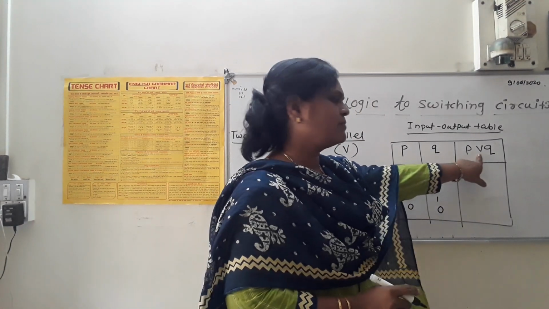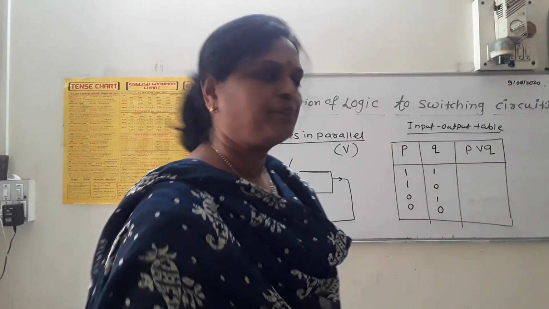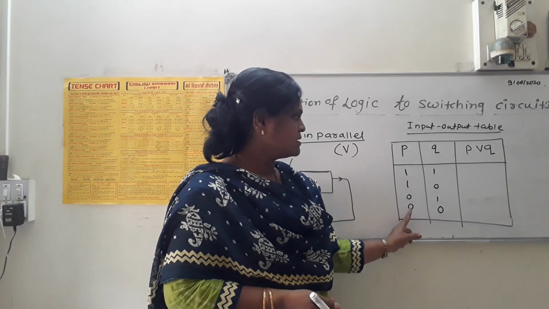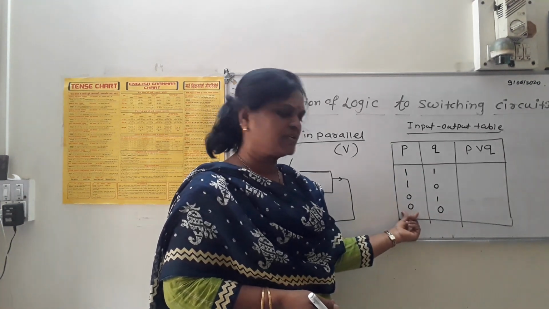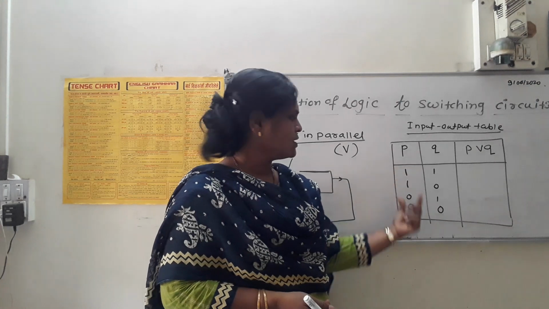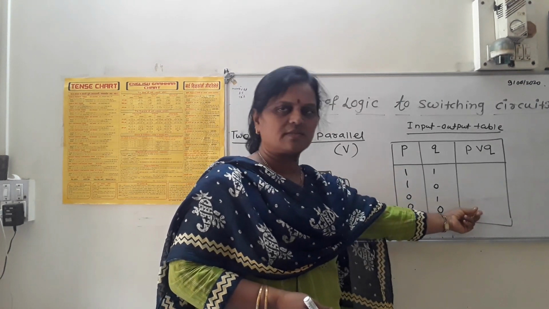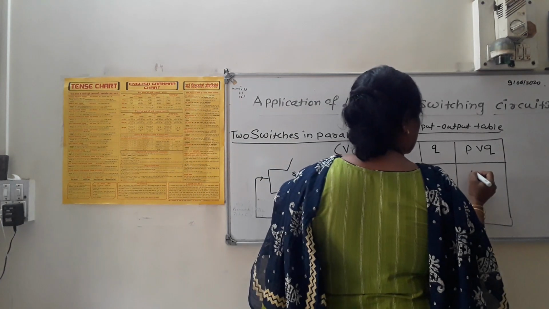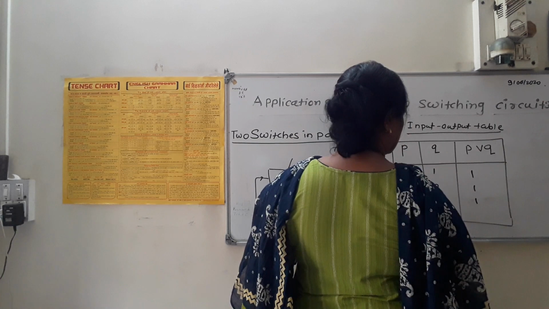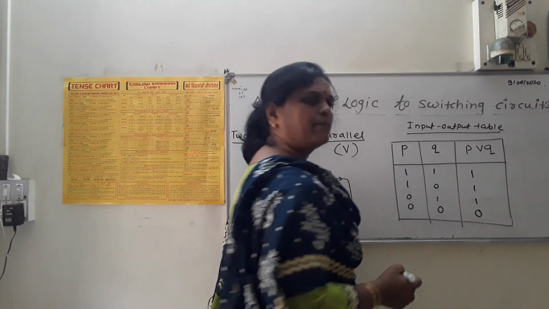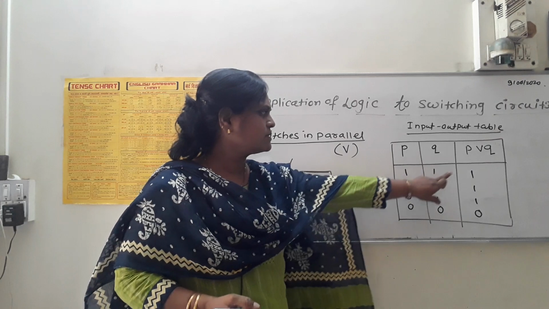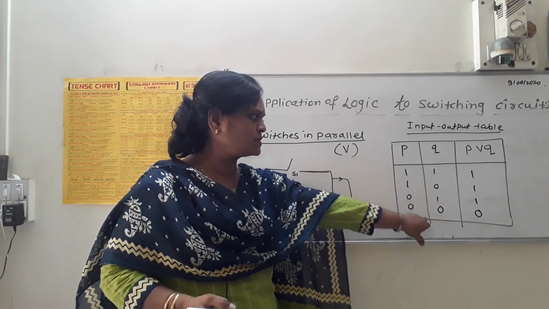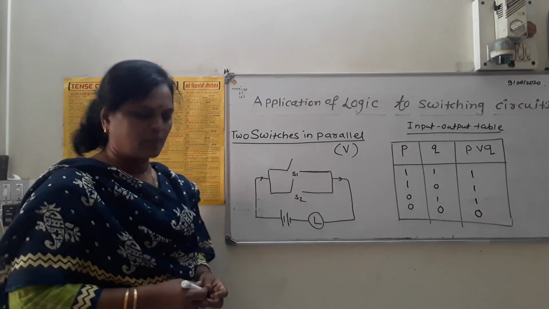In this, OR means disjunction. You know the connective disjunction. Okay, here false, false, false. False means 0, true means 1. So false, false gives false, and the remaining all are true. True means 1, 1, 1, and this part is 0. Here false, false means it is 0.